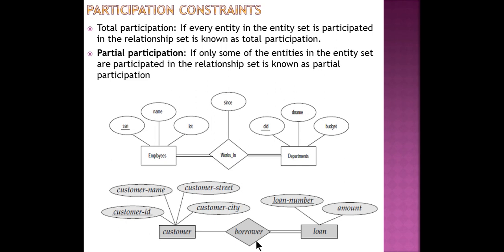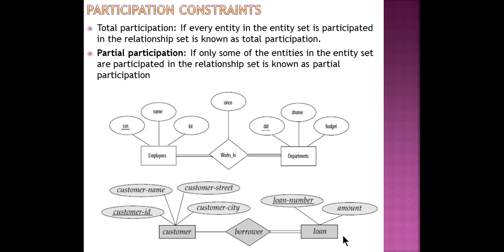Another example, there is a relationship between customer and loan. If there is a customer, it is not necessarily true that the customer must have a loan. But if there is a loan, then always it is true that the loan must belong to a particular customer.